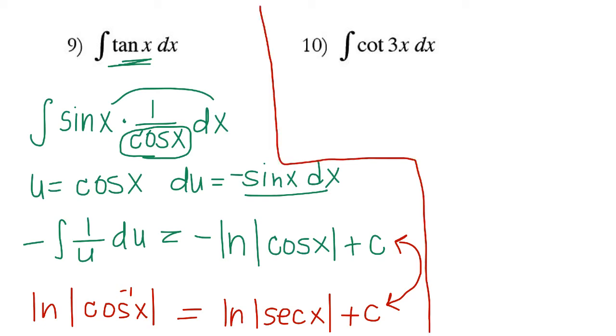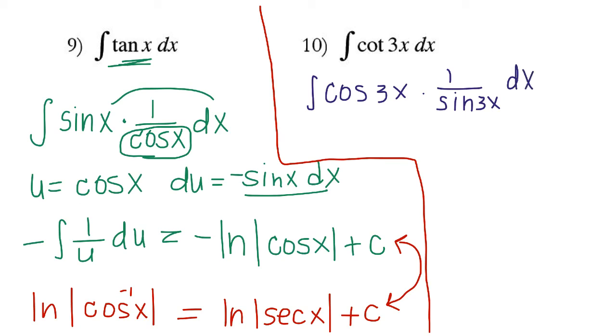Okay, and so this problem is going to be very similar to the one we just worked out, and it does require us to do some rewriting. I would change cotangent to be cosine over sine, so cosine 3x times 1 over sine 3x, of course our dx.